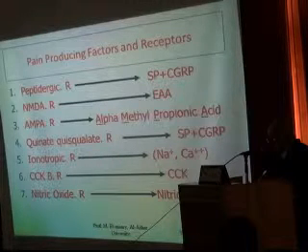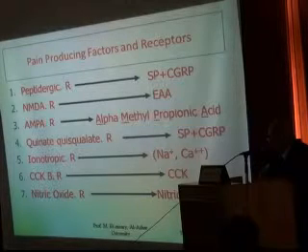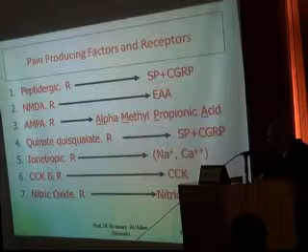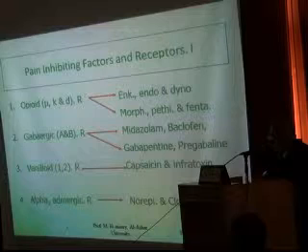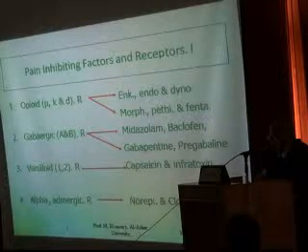Then cholecystokinin B receptors, with some metabolites of opioids, and nitric oxide and its consequences in pain physiology.